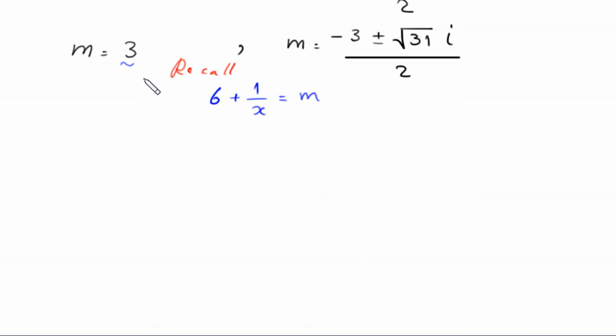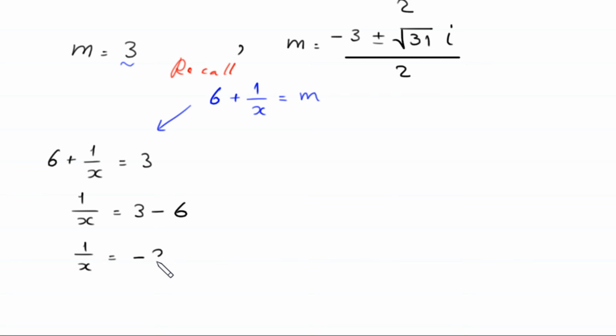So when m is equal to 3, then this equation will become 6 plus 1 over x is equal to 3. Move this 6 to the right hand side, then this will become 1 over x is equal to 3 minus 6, and 1 over x is equal to negative 3. And if we take a reciprocal on both sides, then this implies that x is equal to negative 1 over 3. This is the first value of x, this is the first solution of this equation.